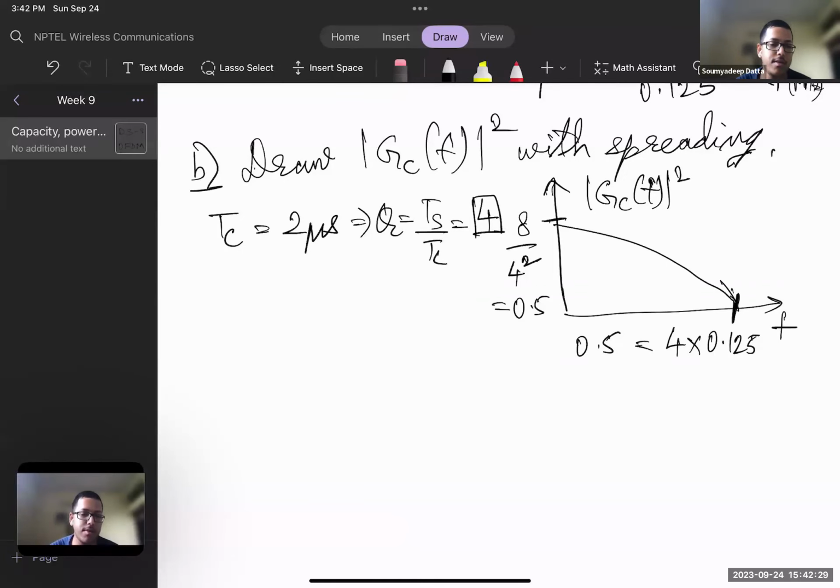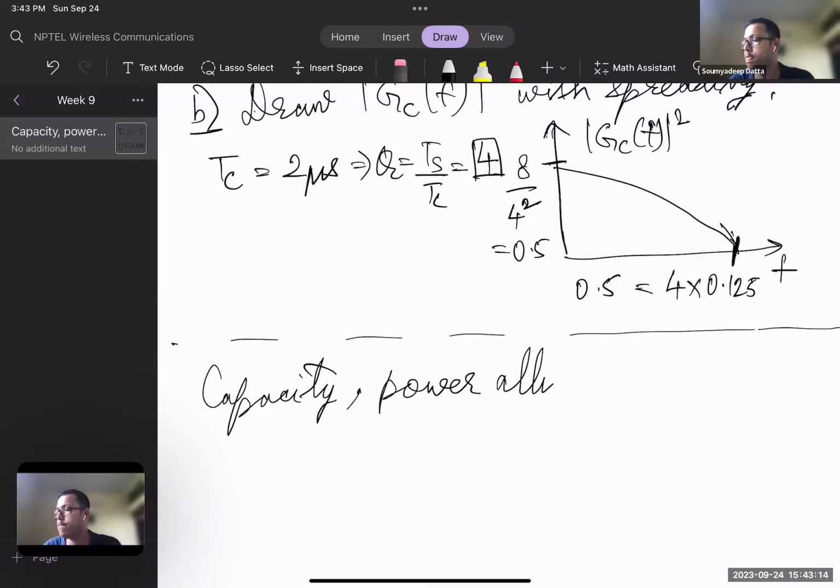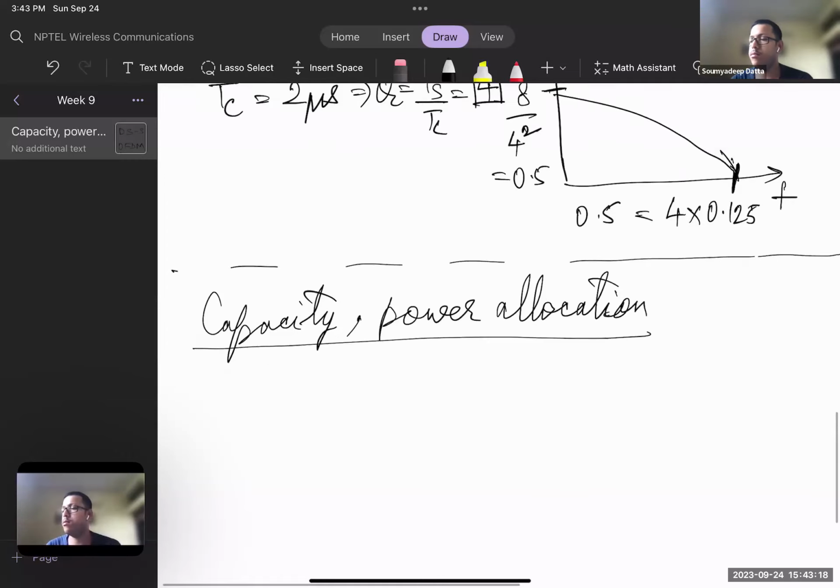Okay. So now we can come to the more important topic, which is capacity, power allocation, etc. All of these things.